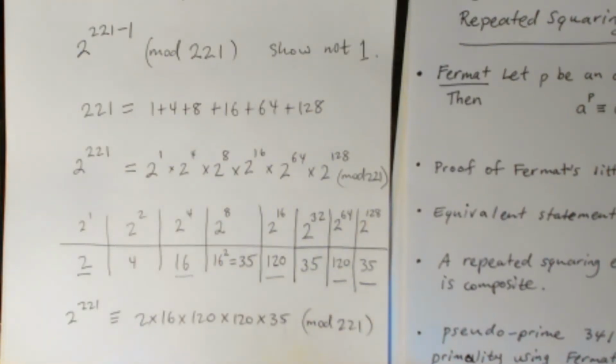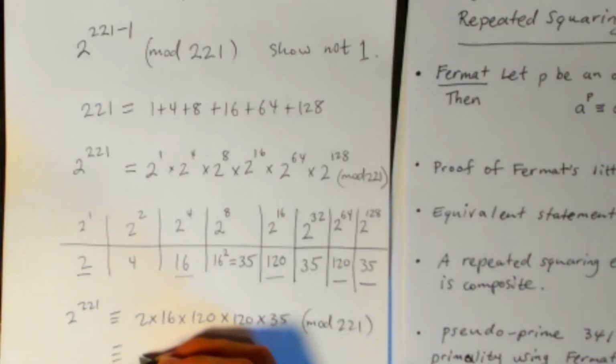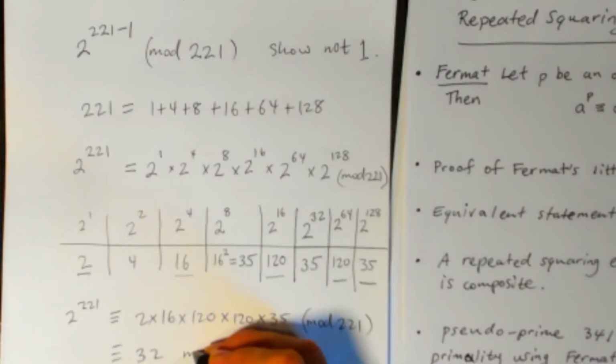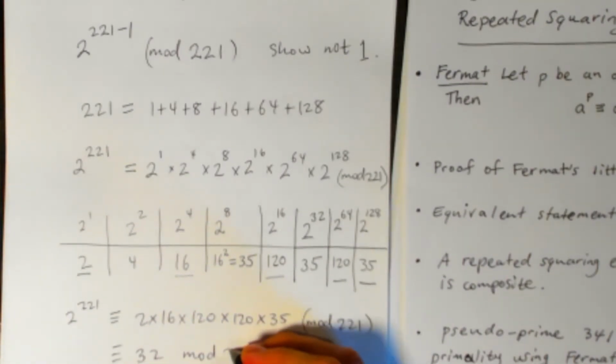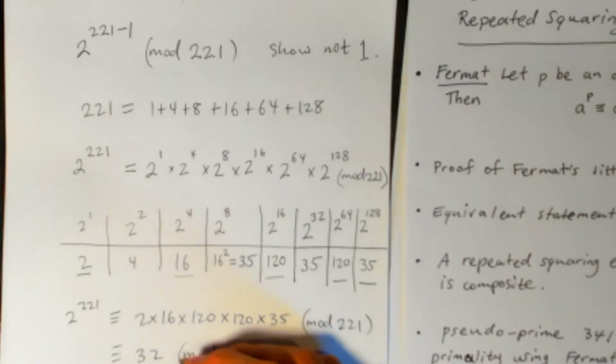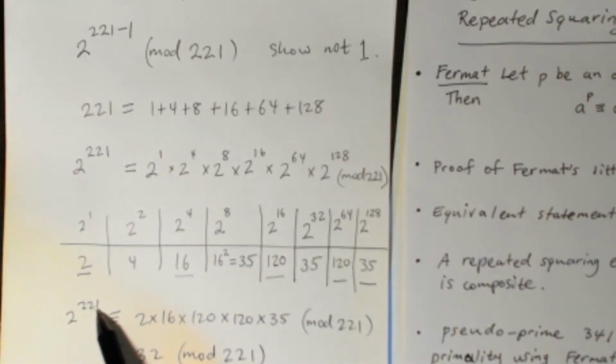Okay, so when we take that product and reduce it, we get 32 mod 221. And since we've done this in terms of the power 221 rather than the power 220, we're supposed to get 2 when 221 is prime.